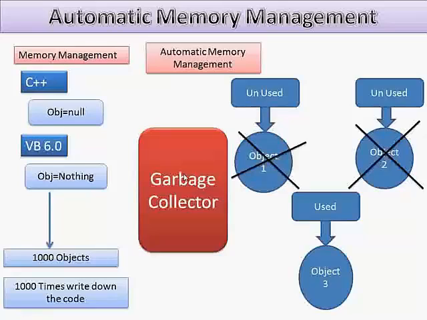So the memory is handled automatically, and that's why it's automatic memory management. In C++ and VB 6.0, this is the disadvantage of those languages, but .NET solves this problem using the garbage collector. So we don't take care of memory management. This is handled by the garbage collector.